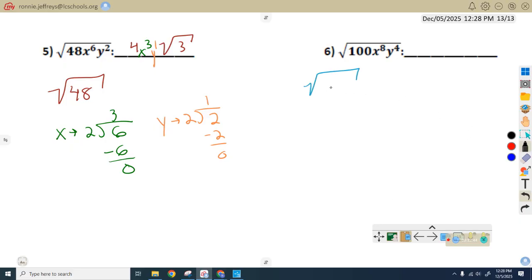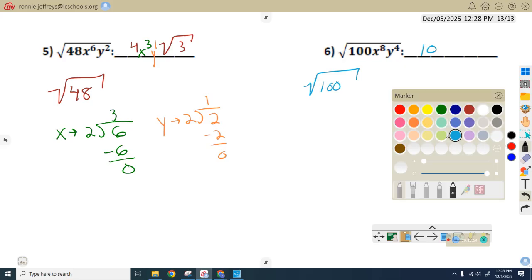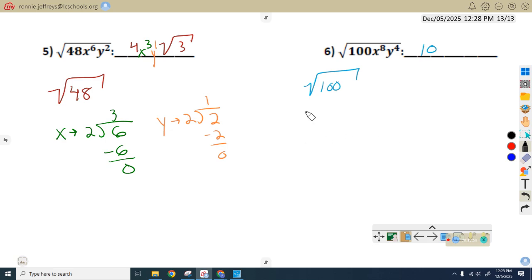6 square root of 100. It's 10. Trust me, I'm not going to do that in the calculator, but trust me, it is. 10. All right. For our x, this is how many times will 2 go into 8? 4.